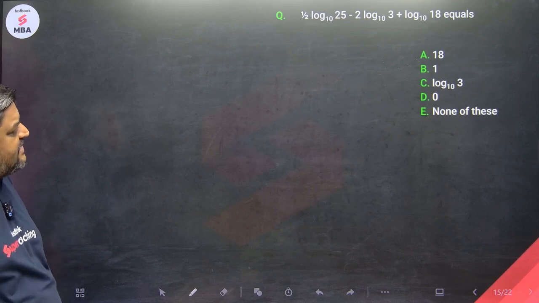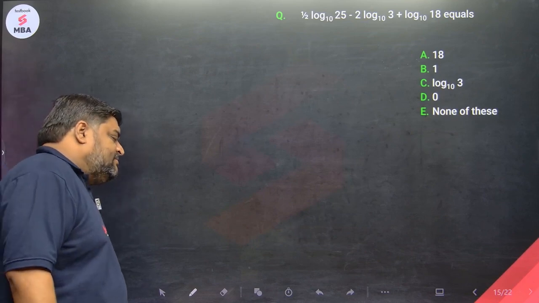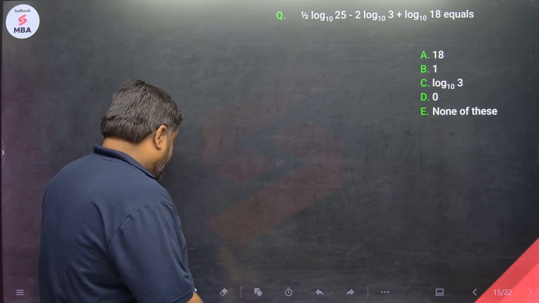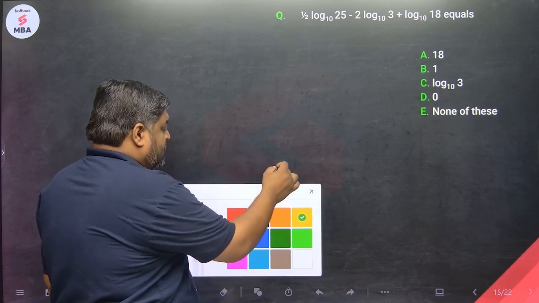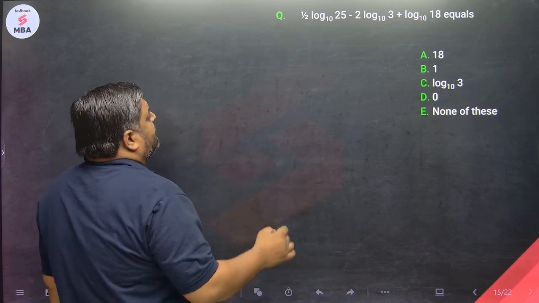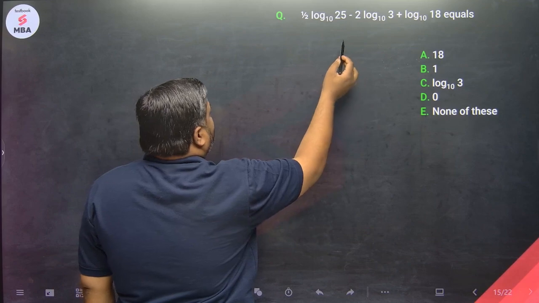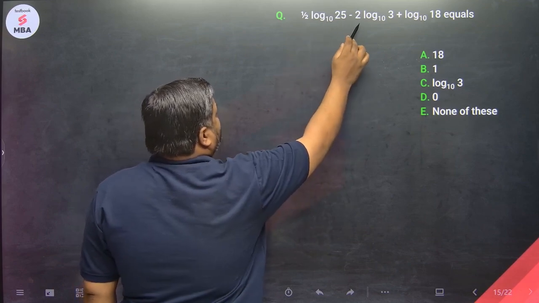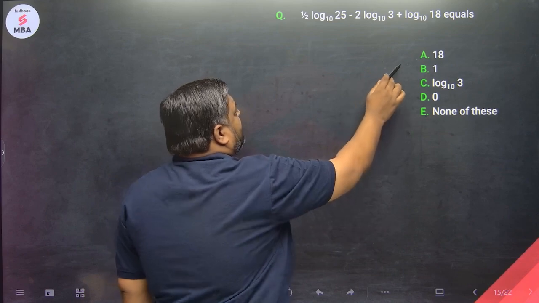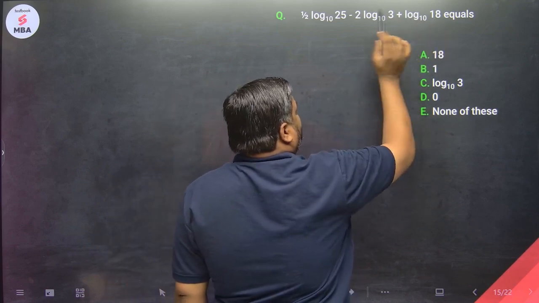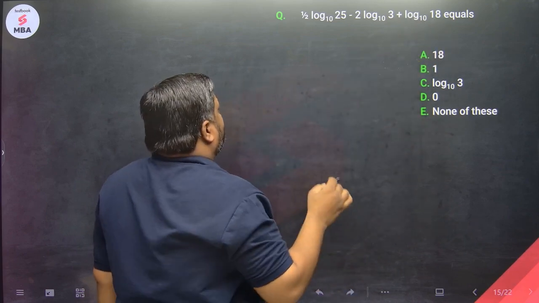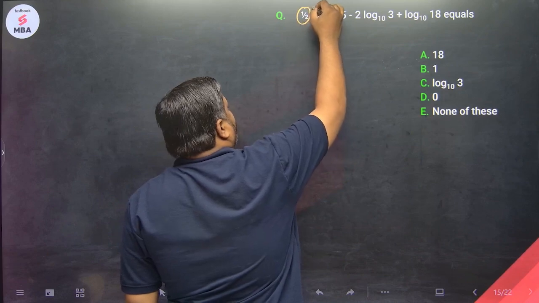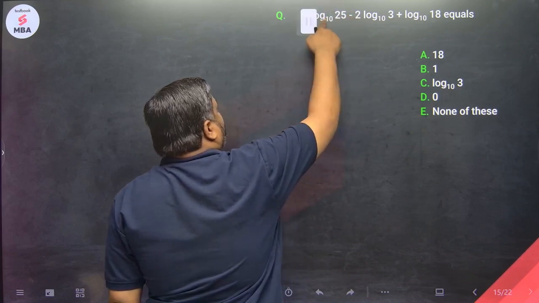Chalo, next question, it comes from the family of logarithms. Very good. Okay. So half log 25 to the base 10 minus 2 log 3 to the base 10 plus 10 log 18 to the base 10. ये जो आगे के coefficients है, we can put it to the square.